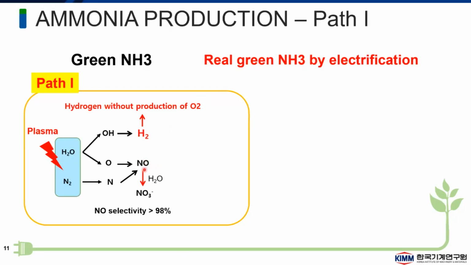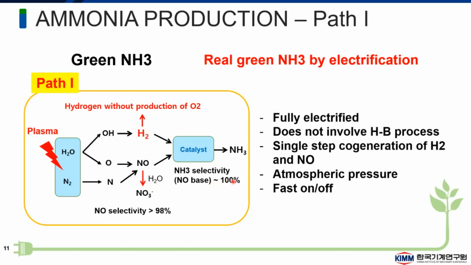Some of the NOx dissolves inside water to form nitrates, and other NOx reacts with hydrogen in the presence of a palladium catalyst to form ammonia. These processes are fully electrified and do not involve the Haber-Bosch process. It's a single step to generate hydrogen and NOx together, it works at atmospheric pressure, and fast switching is also an advantage.